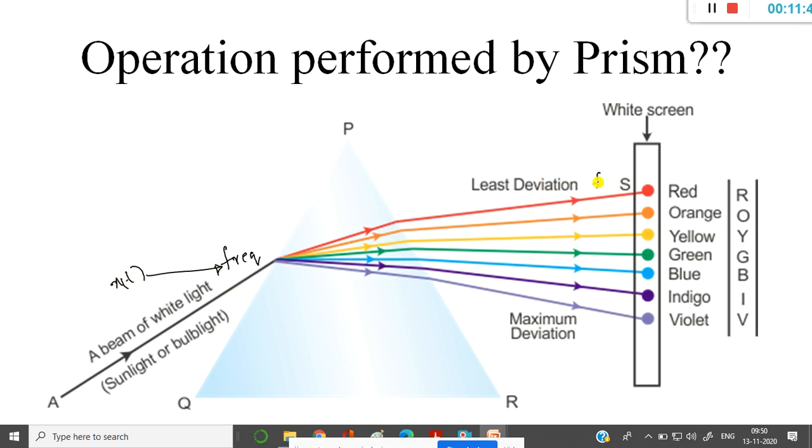I know it is going to be split into f1, f2, f3, f4, f5, f6, f7 frequencies, 7 different colors. What does it mean? 7 different colors means 7 different frequencies, 7 different signals, right?